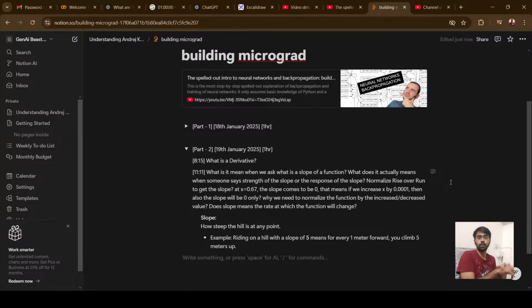Okay, so in the last part 2, the whole essence of that session was to understand the slope of a function, that what does it actually mean when someone says find the slope of a function.